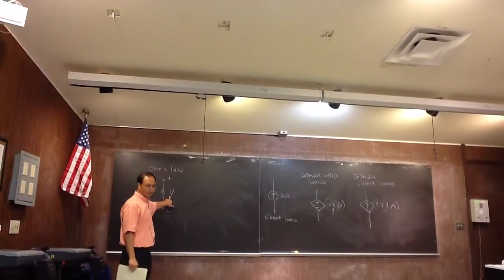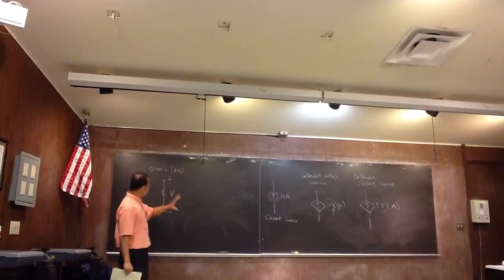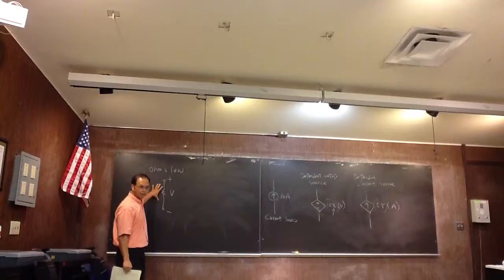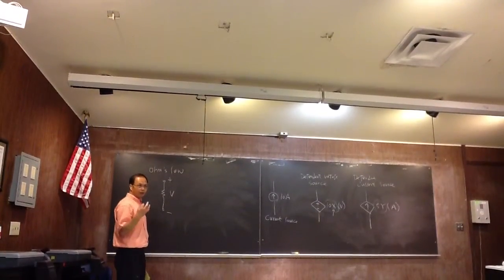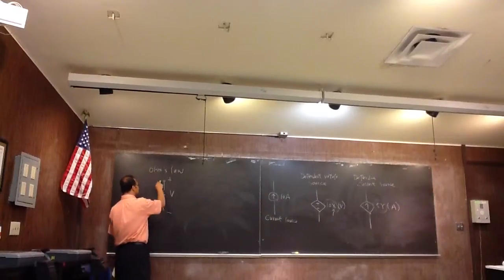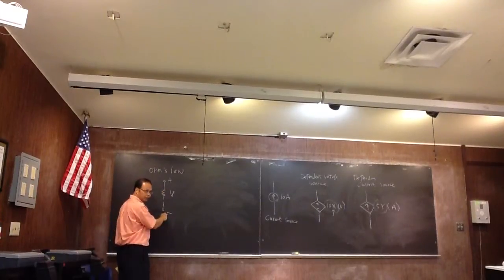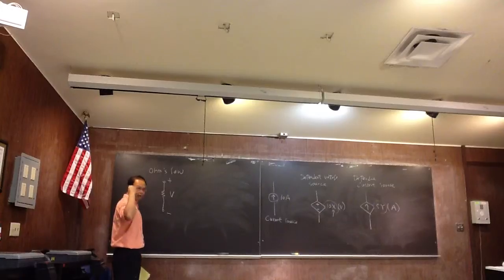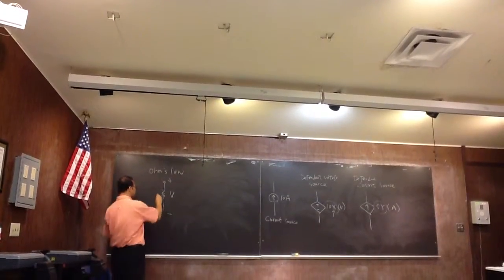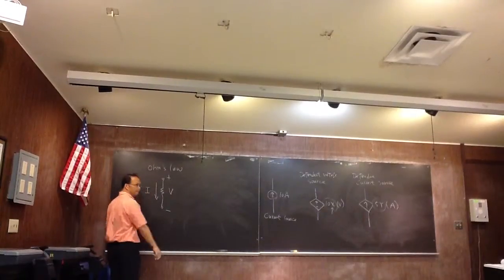Let's say you connect the battery with a resistor. Then you would have a current flowing from the higher potential to the lower potential. Positive means higher potential, negative means lower potential. And that current is called I.